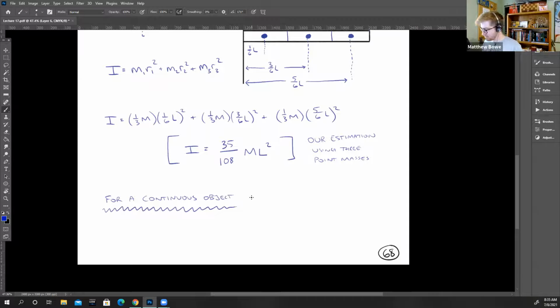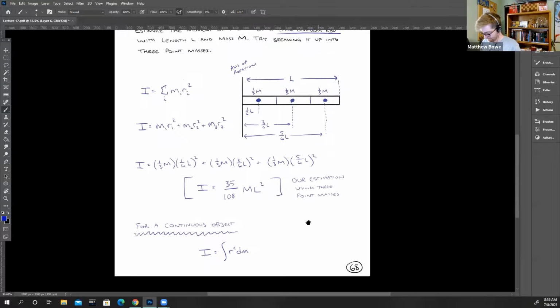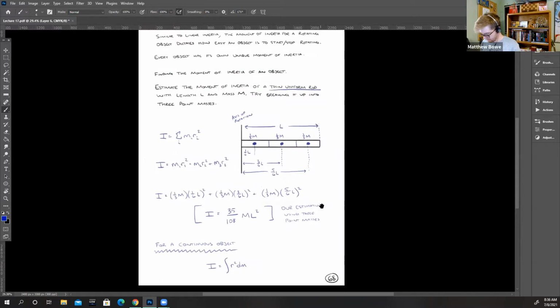We'll have to do some kind of integration. So it'll be some sort of integral of how far the object is from the axis of rotation and how much mass there is. Okay.